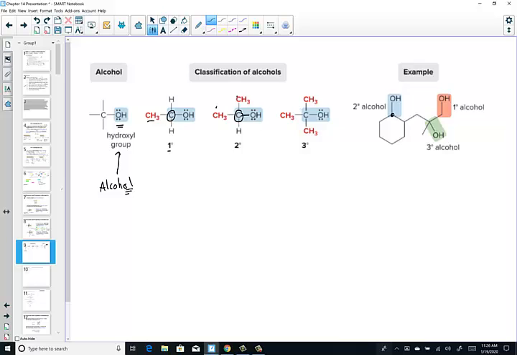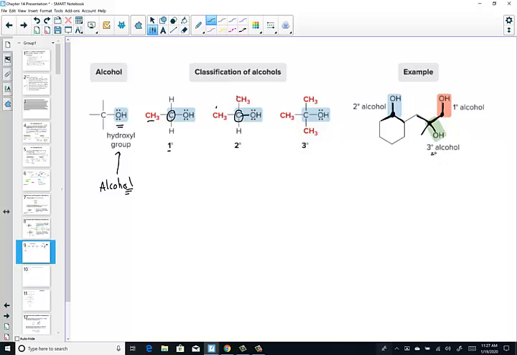Here is an example of a secondary alcohol. The carbon attached to the hydroxyl is attached to two other carbons. We called that secondary. The carbon attached to this hydroxyl group is attached to just one other carbon. That's called primary. And a tertiary, this carbon attached to this hydroxyl is attached to one, two, three other carbons.